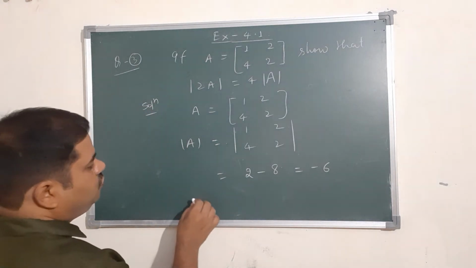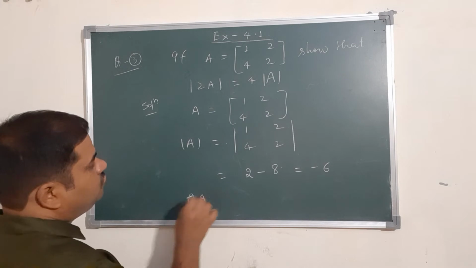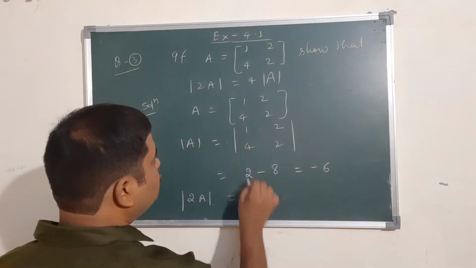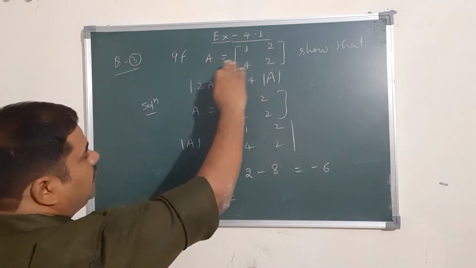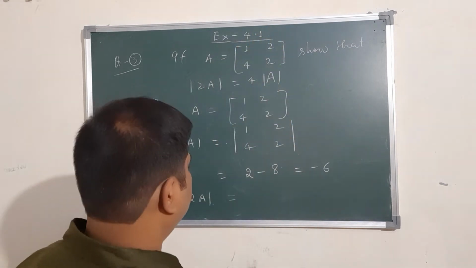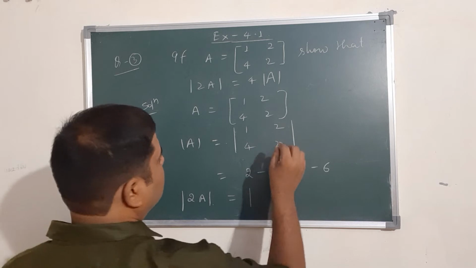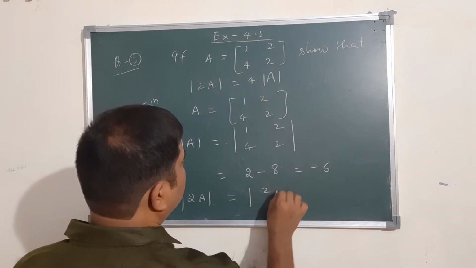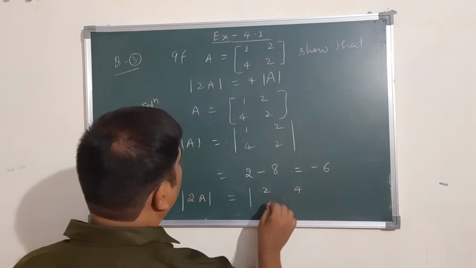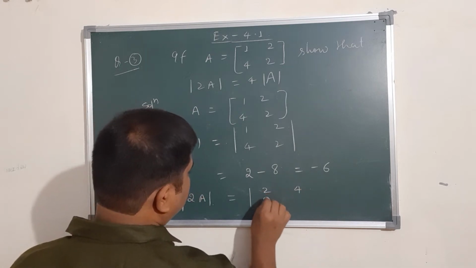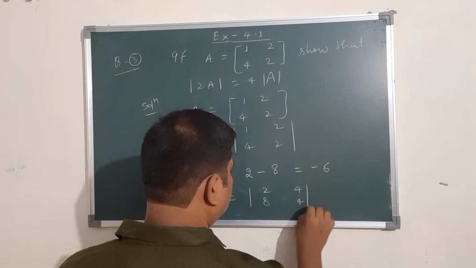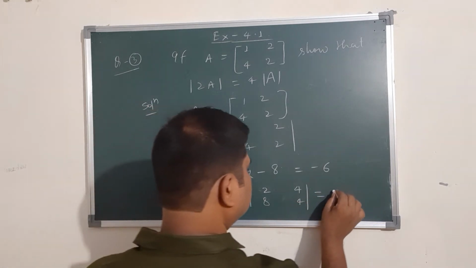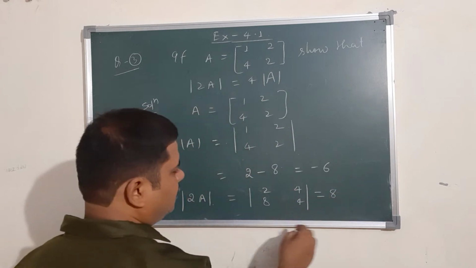Now 2A: we should multiply 2 in all the elements of this matrix, and we will get 2, 4, 8, 4. So we solve it: 2 4s are 8, minus 8 4s are 32.